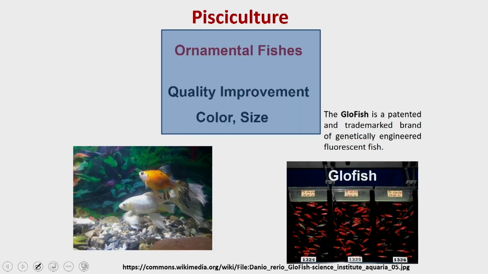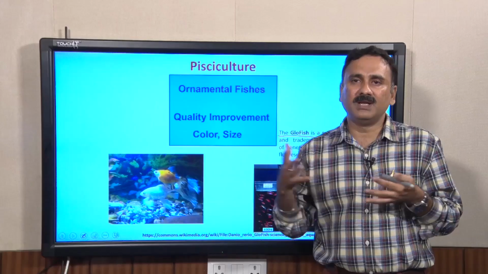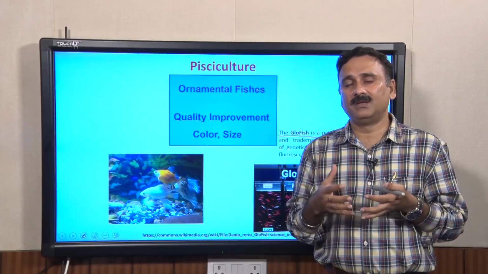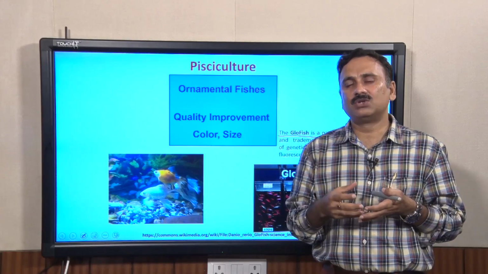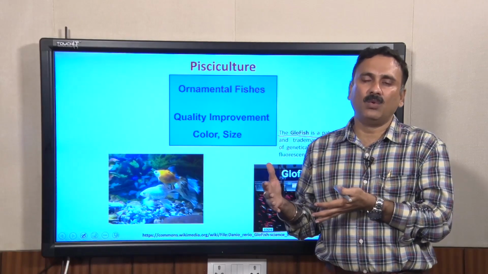In the case of ornamental fishes, we discussed how people have developed glow fishes, which are fluorescent fishes, where scientists have overexpressed red, green or yellow color proteins, and that is how these fishes glow in the aquarium.